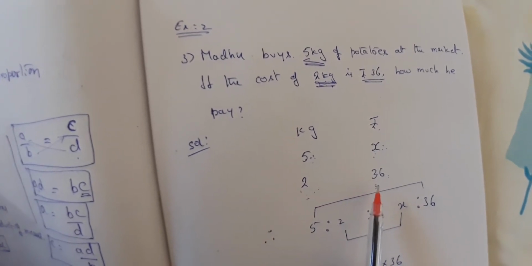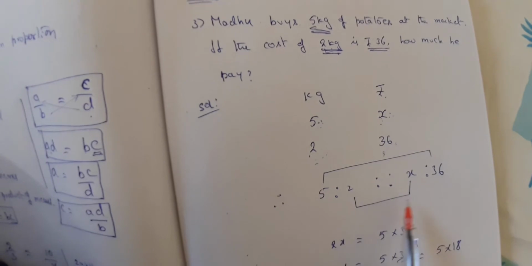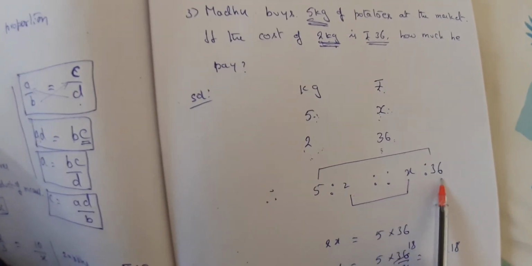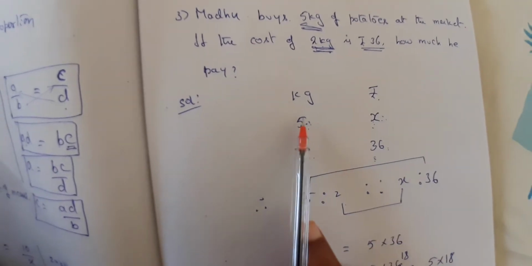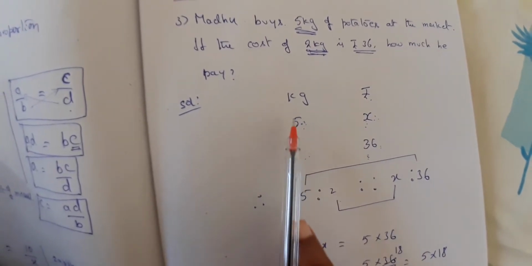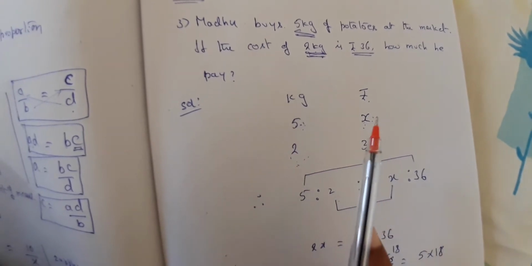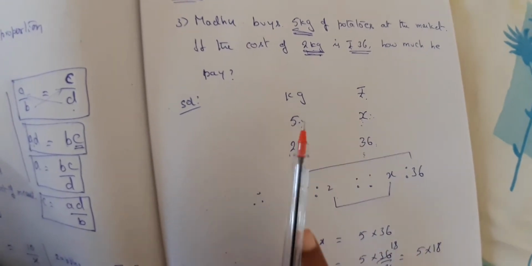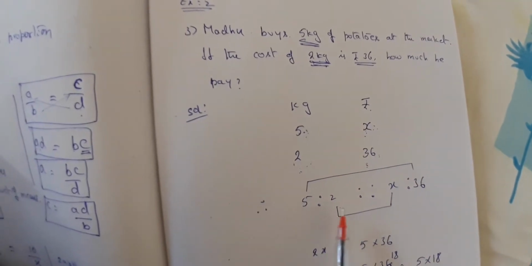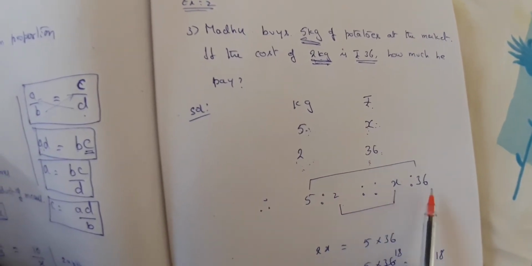So we wrote it in proportion form: 5 is to 2 as x is to 36. Dear children, please remember, whenever you take the ratio of similar quantities, it is kgs to kgs and rupees to rupees. By mistake also don't take it the other way round, or you are wrong.